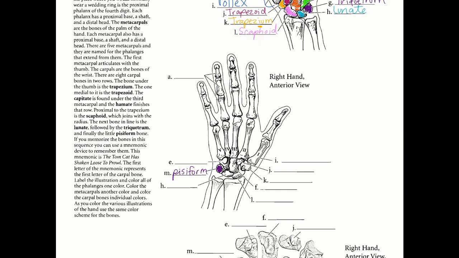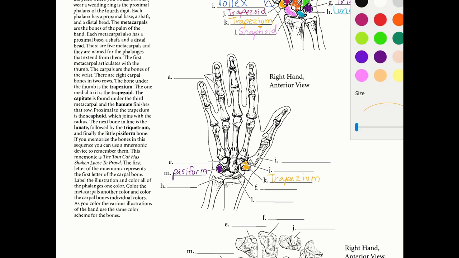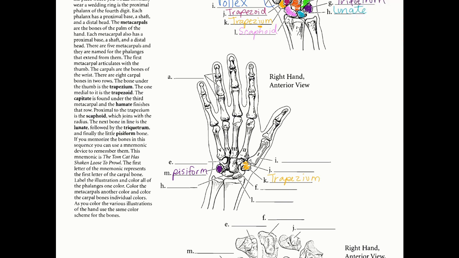We've got K, which is the trapezium. And then we have the scaphoid.